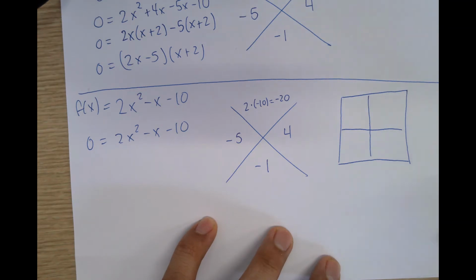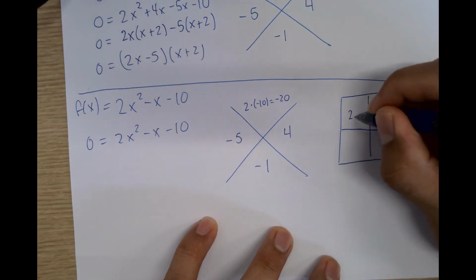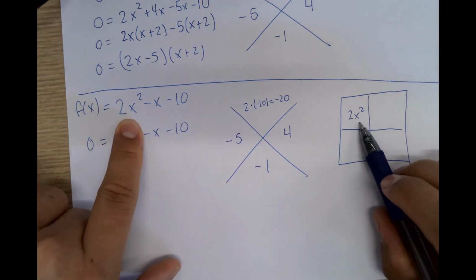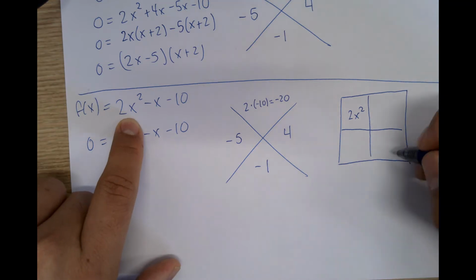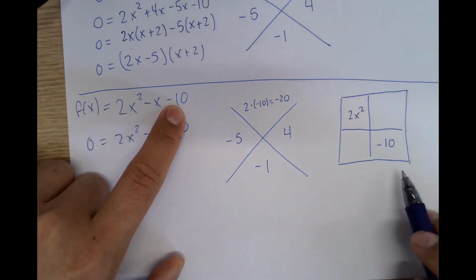This is actually doing the same thing. To fill this out, the top left corner we're going to fill out with 2x squared, which is our first term. The bottom right we're going to fill out with negative 10, which is our c value.